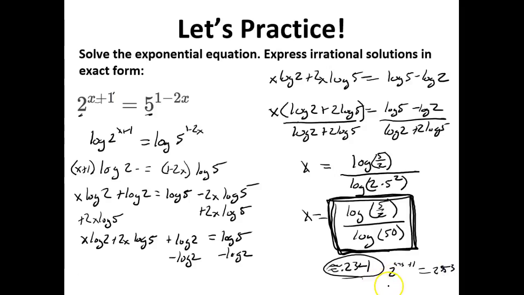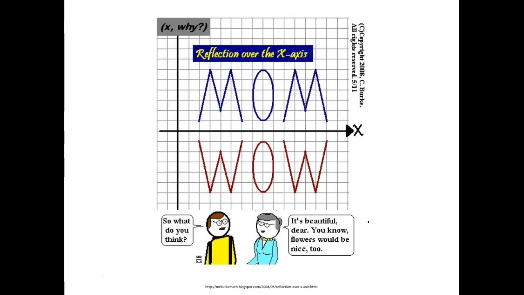Now I check the other side, 5 to the 1 minus 2 times that answer that was on my calculator. So 5 to the power of 1 minus 2 times that, and it comes out to be 2.353 again. So it checks out. This is the correct answer.